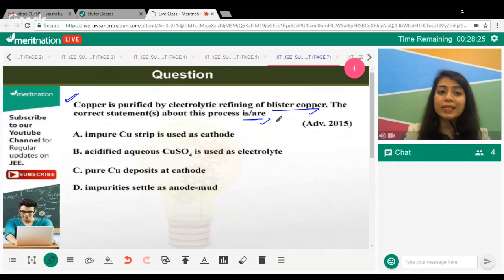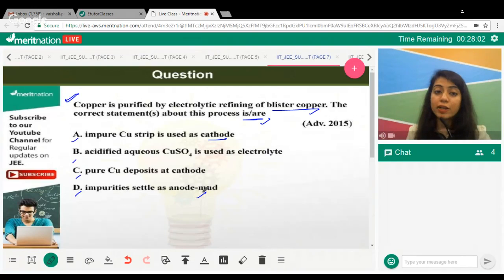For refining this, we use electrolysis. The options given over here: impure copper strip is used as cathode. Acidified aqueous CuSO4 is used as electrolyte. Pure copper deposits at cathode and impurities settle as anode mud.